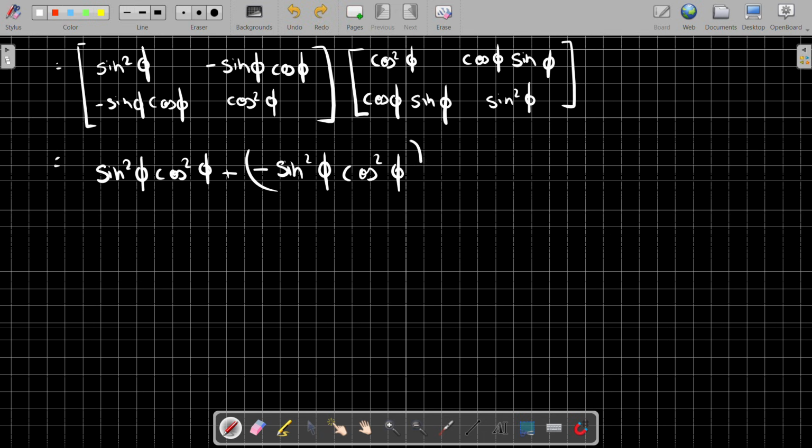Second term becomes sin cubed phi cos phi plus minus sin cubed phi cos phi.